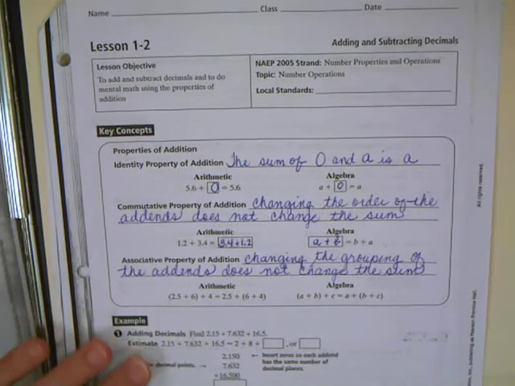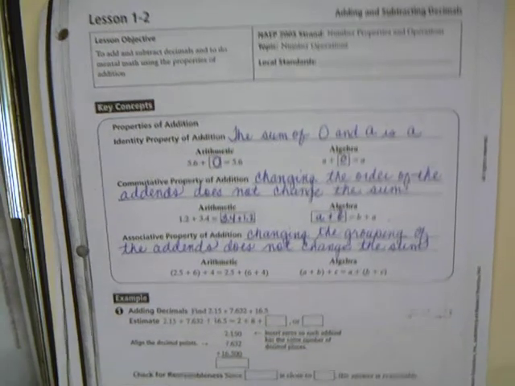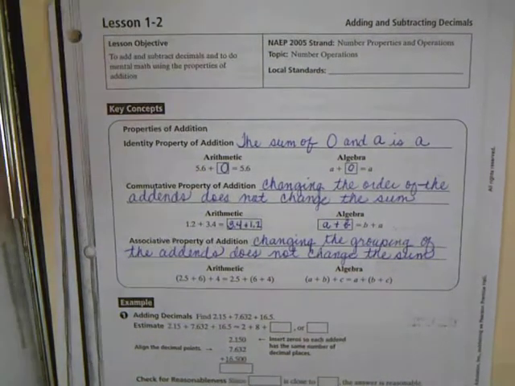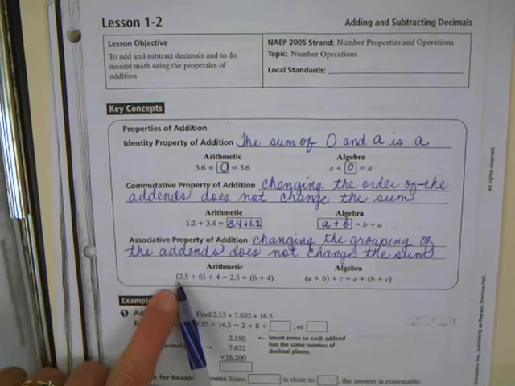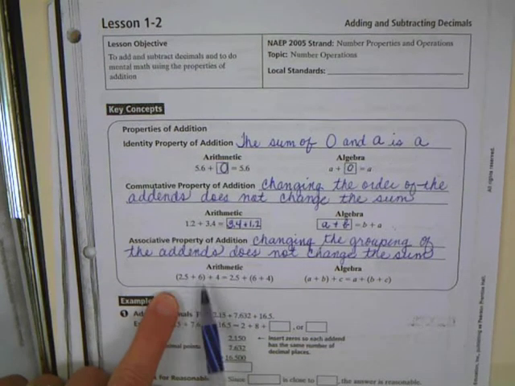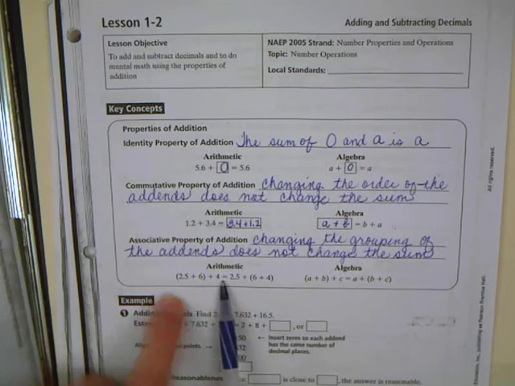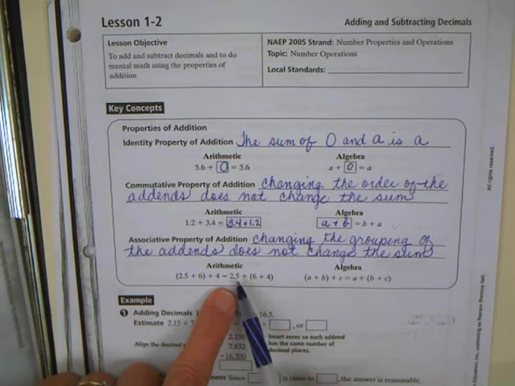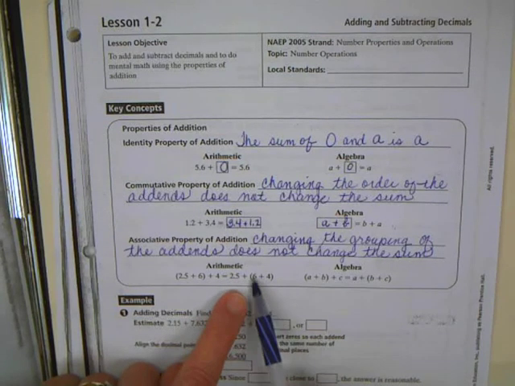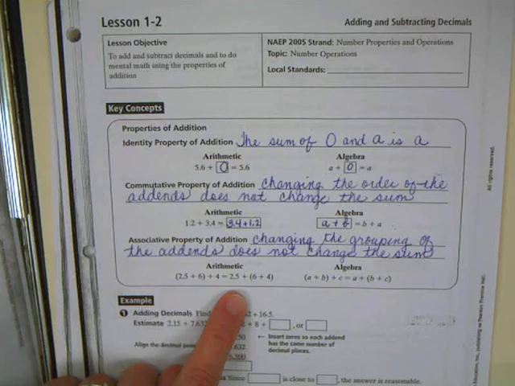Okay, and grouping is often represented by parentheses, as we can see here. The quantity 2.5 plus 6, and I say the quantity because those are set inside a set of parentheses, plus 4 would give me the same answer, or is equal to 2.5 plus the quantity 6 plus 4. Sorry.